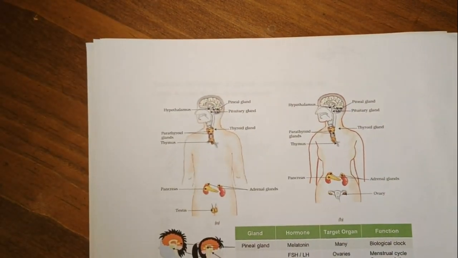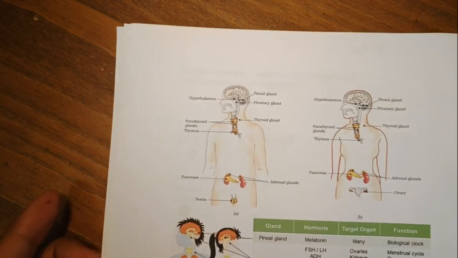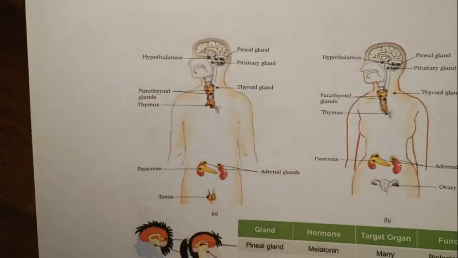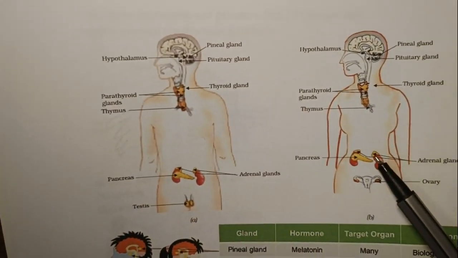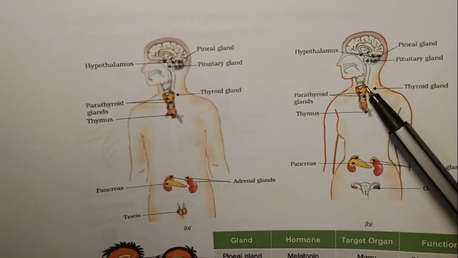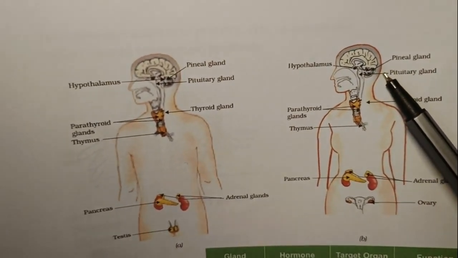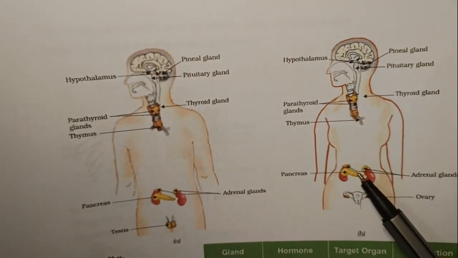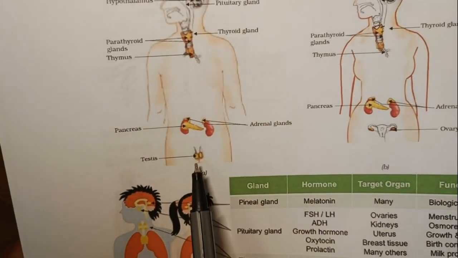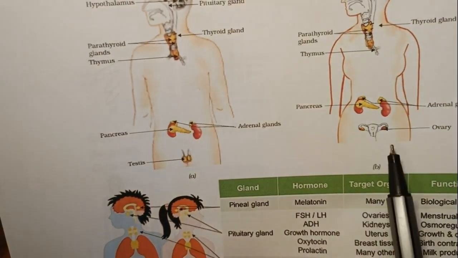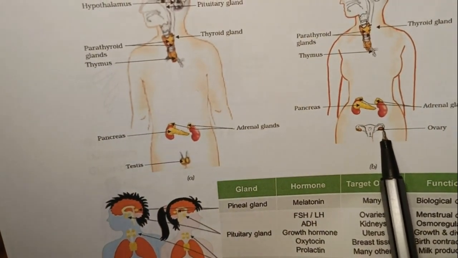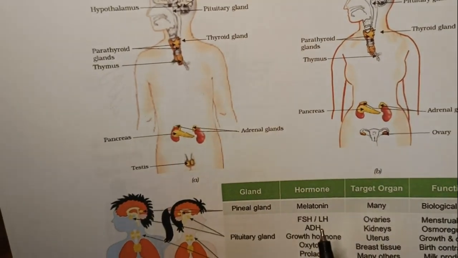Now if you look at these glands, the important glands here are adrenal gland, that is suprarenal gland, thyroid gland, pituitary gland, pancreas, testes, and ovaries in females. These are the important ones.